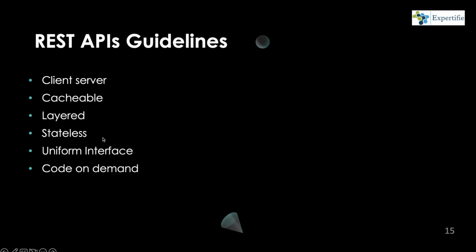Then fourth is stateless. Now it is one of the most important guidelines of REST API. Stateless means one server will get requests from multiple clients, and one server will also get requests from the same client multiple times. Let's take the example of social media, where one of the tweets or posts is going viral.